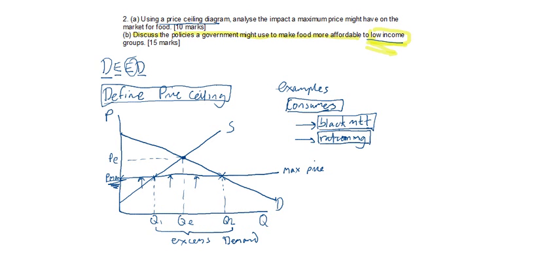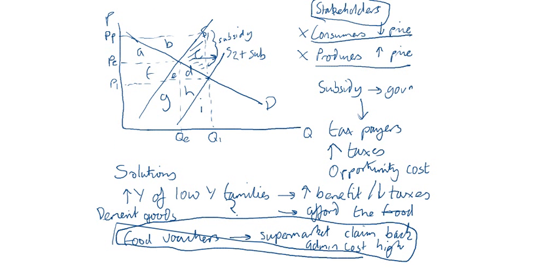So again, as long as you can justify what you're saying, you're going to get the marks for it. But remember, you need to include, let me just go to a new page to finish off, at least 2 or 3 elements of these.